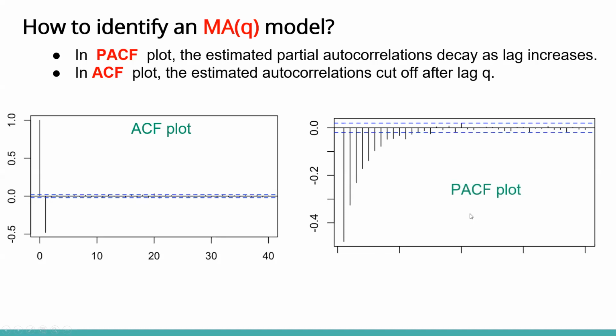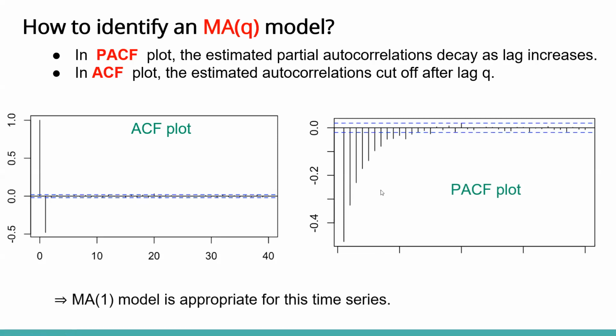And the job that the ACF is going to do for you, to know whether an appropriate model for the time series data is an MA model, is when the ACF cuts off, that is, when on the ACF plot the estimated autocorrelation cuts off at a particular lag q.